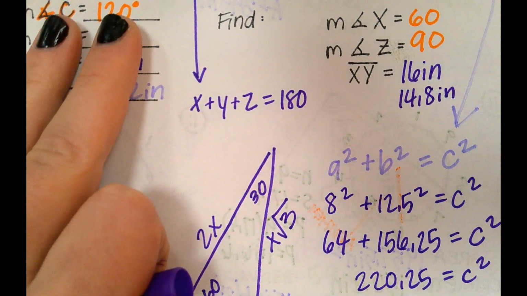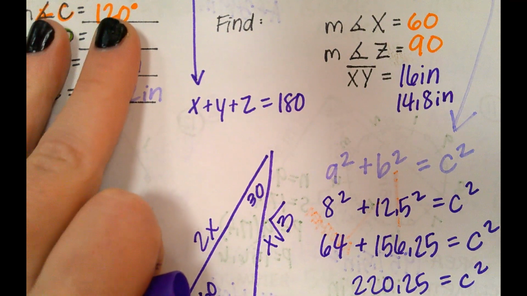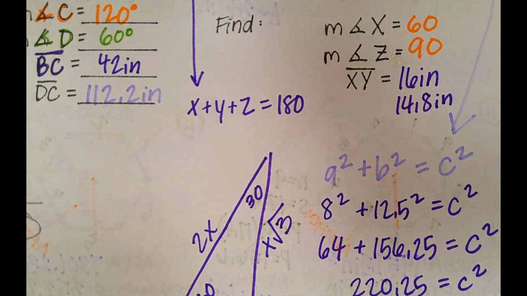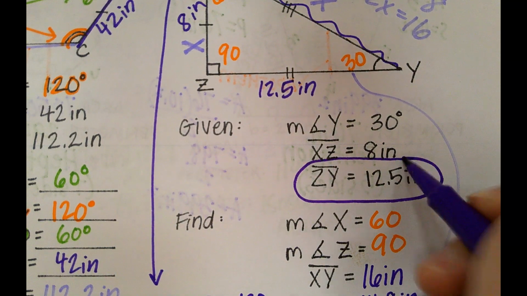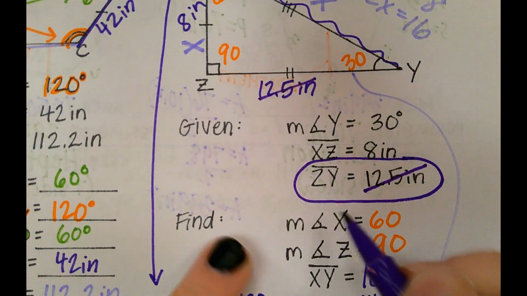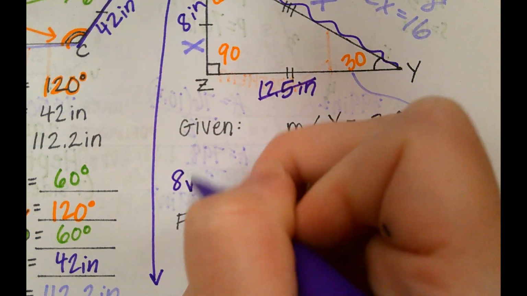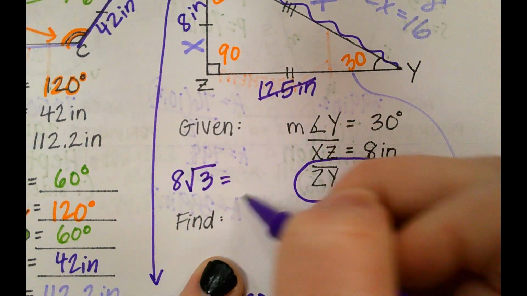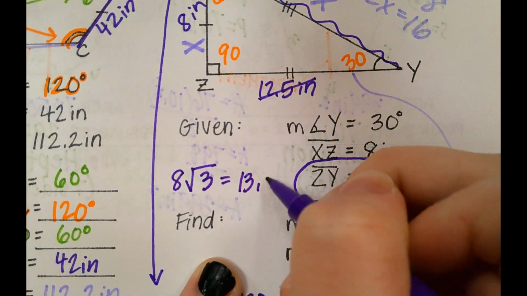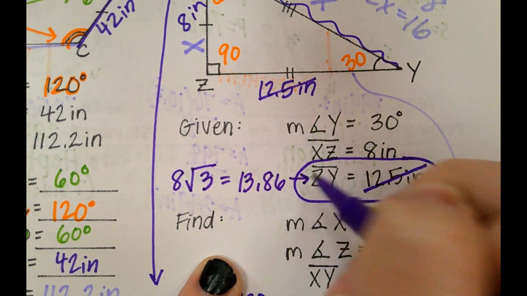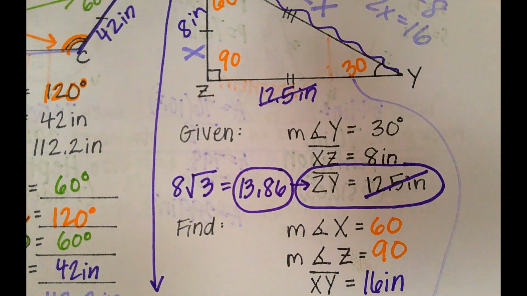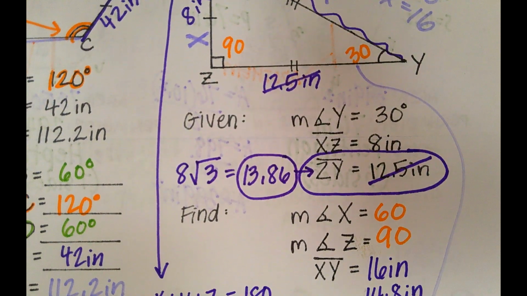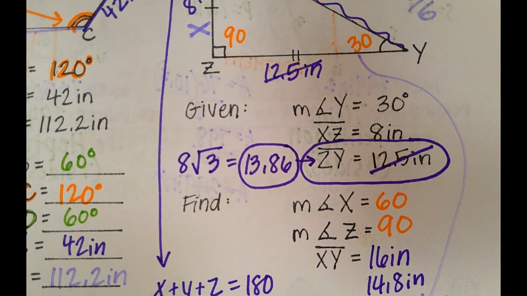I will accept either answer because that is my mistake, not yours. So I'm going to write this on here for the future. This cannot be 12.5. 8 radical 3 is 13.86. That's what this should be in the future. So I'll change that on future quizzes because that's just crazy.